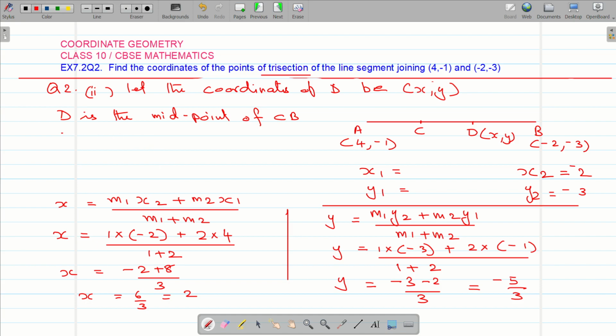So x coordinate is equal to x1 plus x2 upon 2, and y is equal to y1 plus y2 divided by 2. The coordinates of the midpoint is given by this formula, because m1 is to m2 will be 1 is to 1.